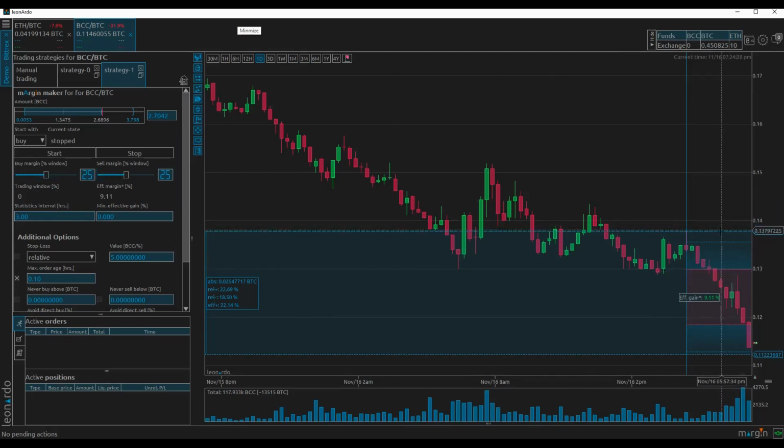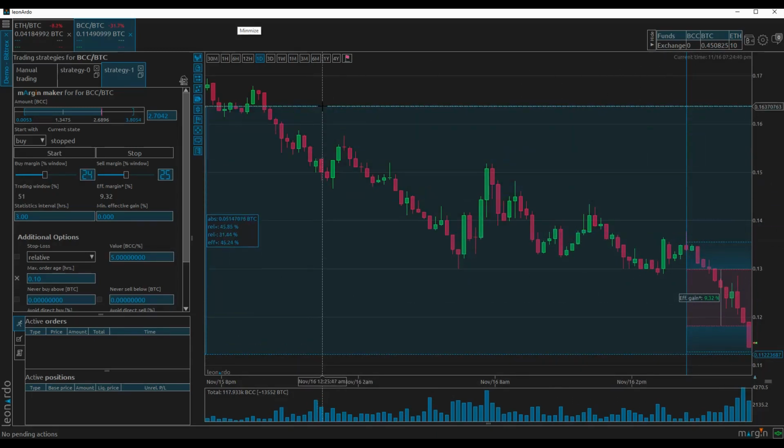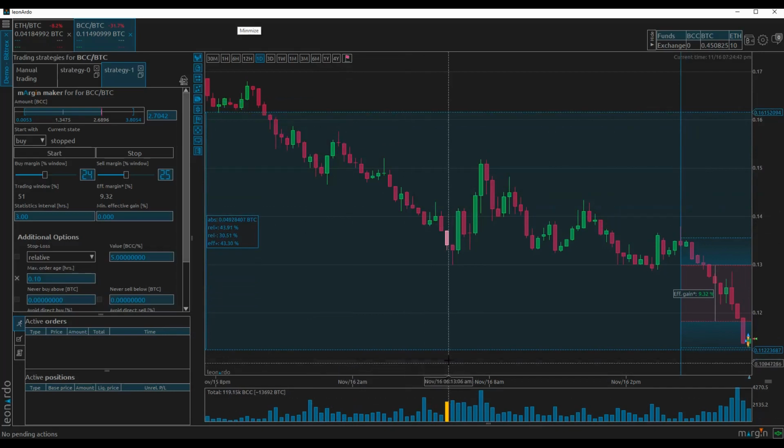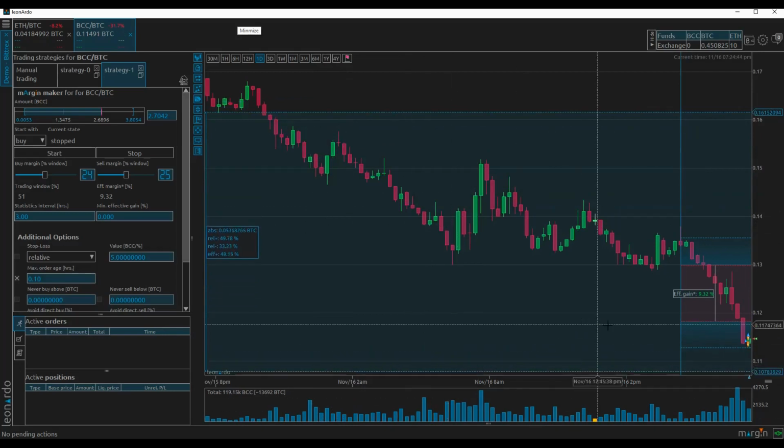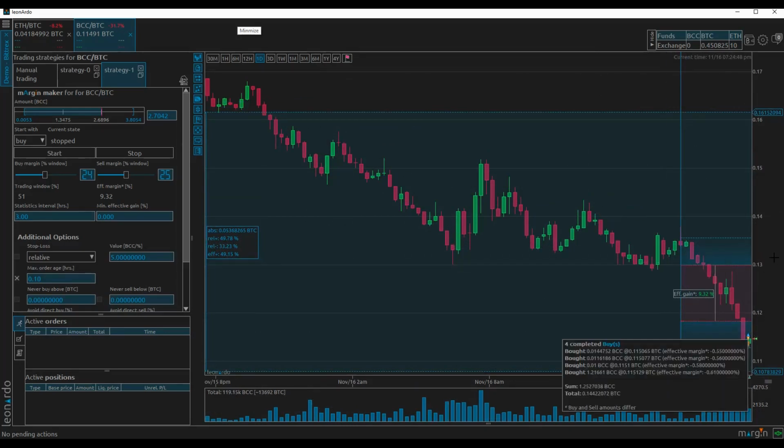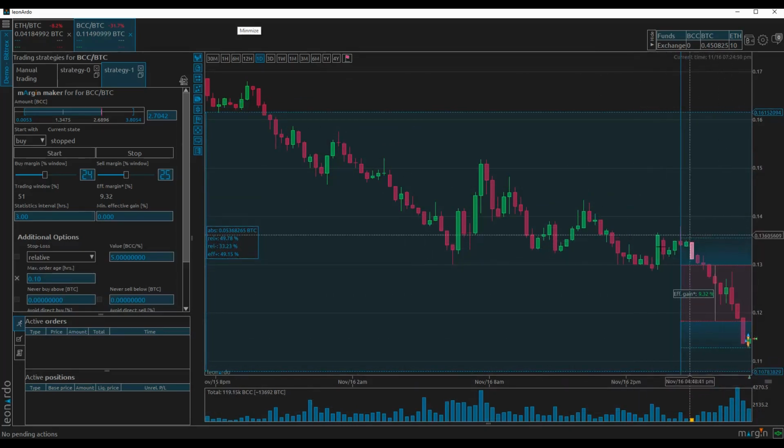Basically what this is, if you look here on the screen, you have this little window. Let me get rid of this here, so that way you can see better. So you have this little window here, and this is basically the margin maker that the bot uses to calculate the buys and sells.